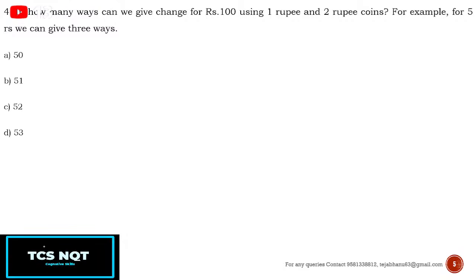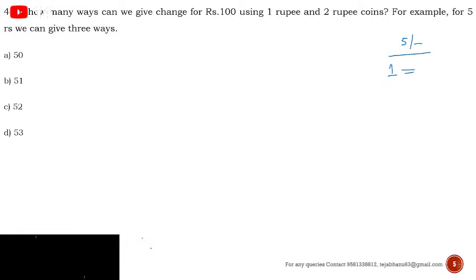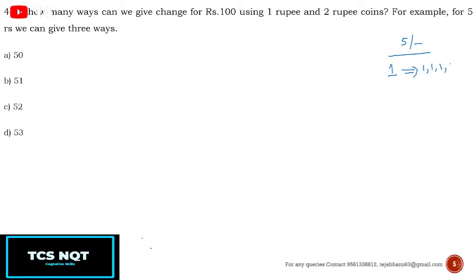For example, for 5 rupees we can get 3 ways. If you take only 1 rupee coins, we can take five 1 rupee coins. In a second way, we can take three 1 rupee coins and one 2 rupee coin.